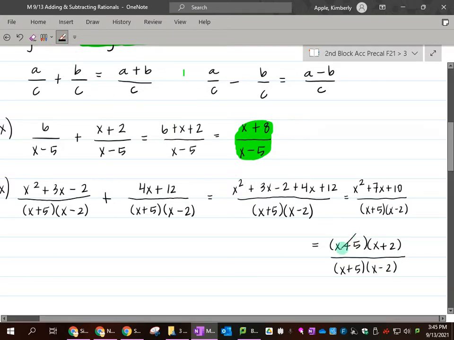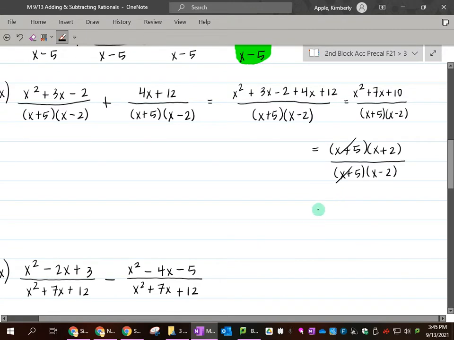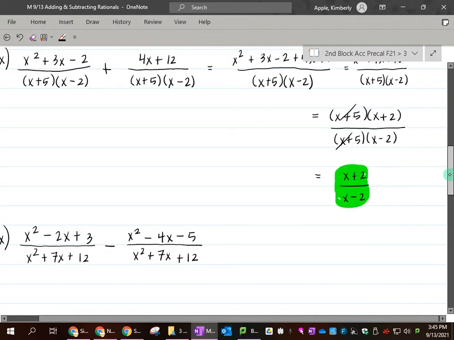And so these two will simplify. And then we'll just be left with x plus 2 divided by x minus 2. So we're done with that one. And we know that because there's nothing left to factor. There are no common factors. There's nothing that will cancel or simplify.